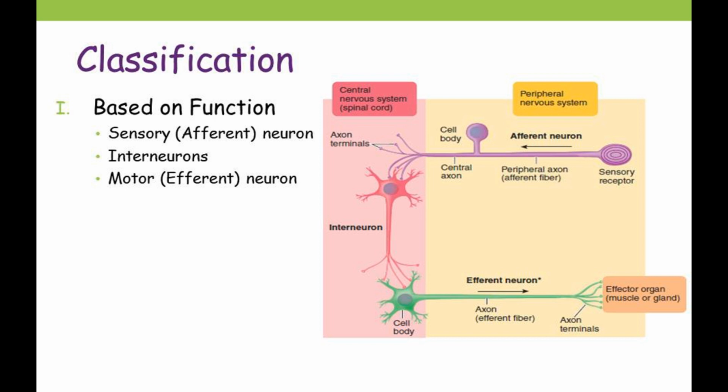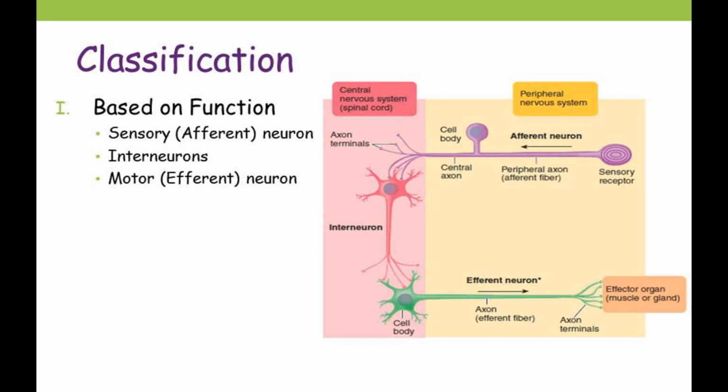The afferent neuron receives stimulus and passes it to the central nervous system. The efferent neuron receives stimulus from the central nervous system and passes it to the effector organ. The interneurons act as connections between the afferent and the efferent neurons.